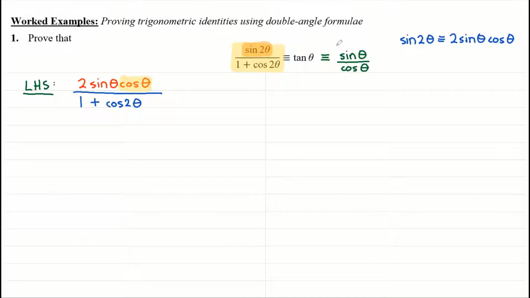This is where we get into the realm of problem solving and where these things can get quite difficult. For the cos of 2 theta in the denominator, we have a choice of 3 possible identities. And this can be a drawback, because you might not know which one to use, which is why I'm planning ahead.